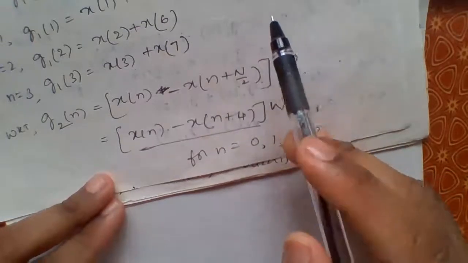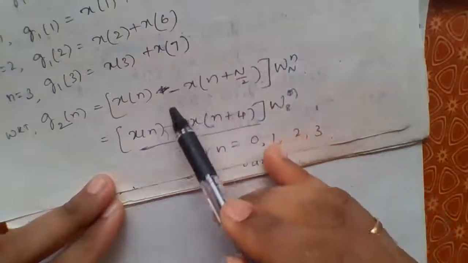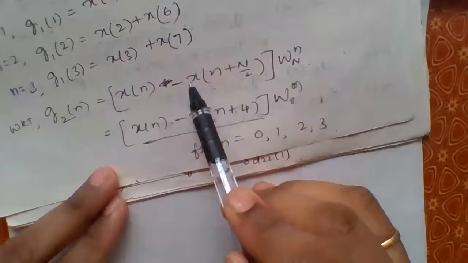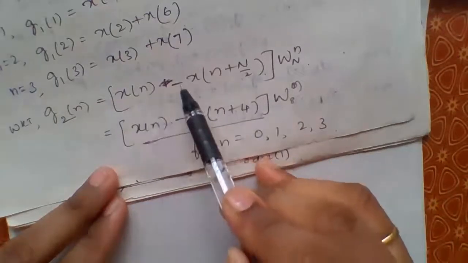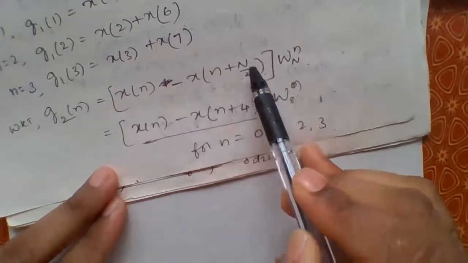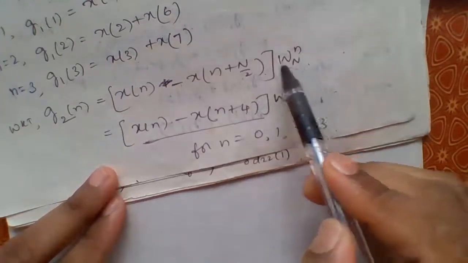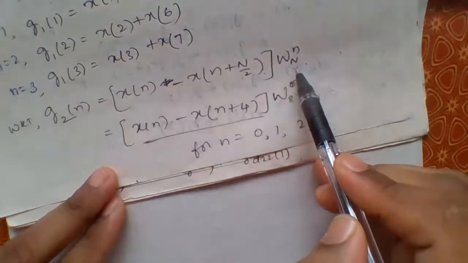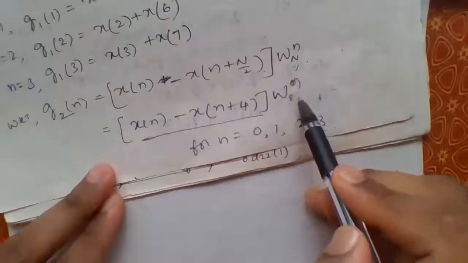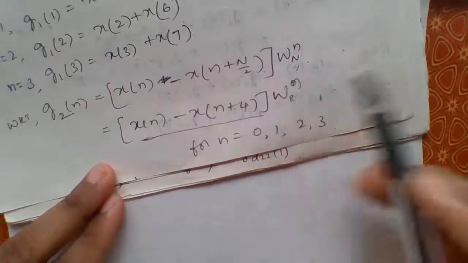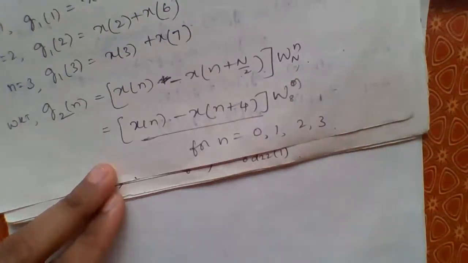As k is always odd, it becomes negative. So for G2 of n, the basic equation is x of n minus x of n plus N by 2. Here you can substitute 4, and W raised to n will always be there. In the first stage, the equation itself shows it is capital N, therefore simply write N as 8, as it is an 8-point DFT calculation.